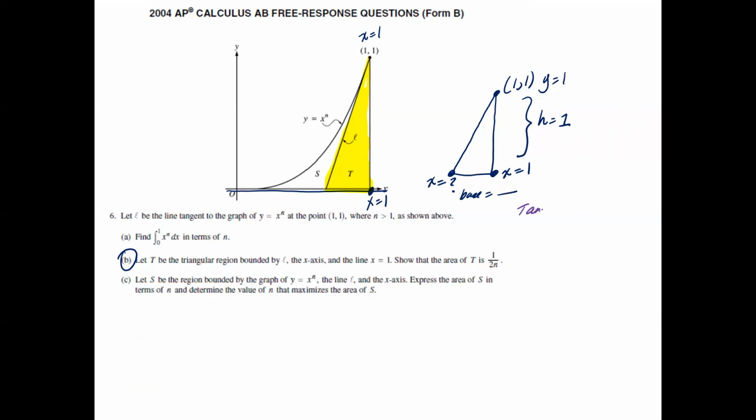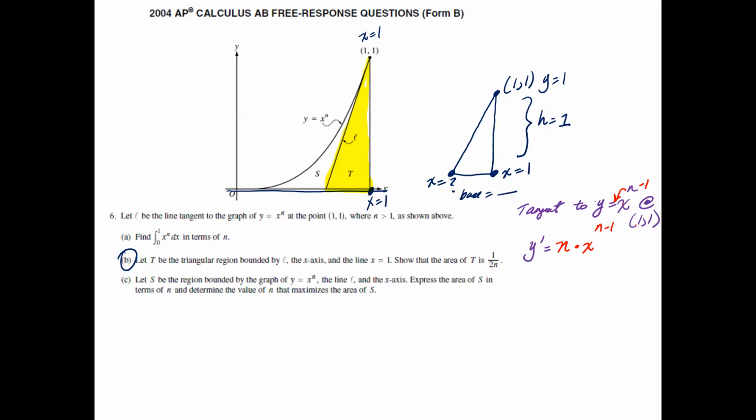I know that the slope of the tangent to the equation y equals x to the n power at the point (1, 1) is going to be y prime. If I find the derivative of x to the n, remember how you find the derivative: you bring the n down and subtract 1. So I have n times x to the n minus 1.